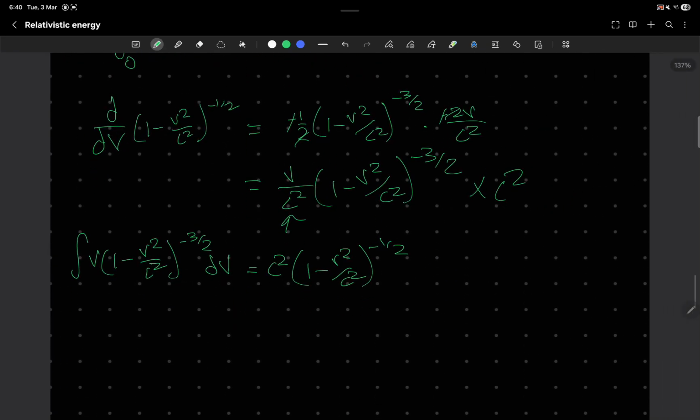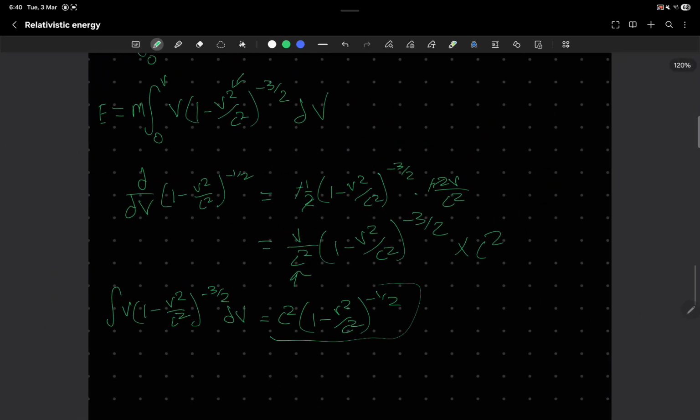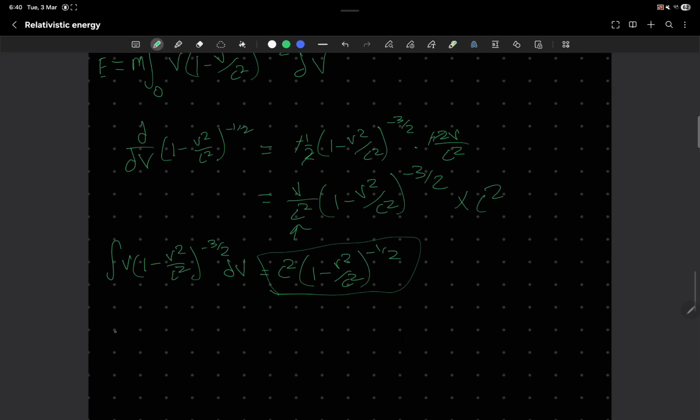And okay, cool, nice. So now we can literally substitute this back with our limits of integration, and we're going to write E is equal to m and then bracket c squared bracket 1 minus v squared upon c squared to the minus a half from 0 to v.